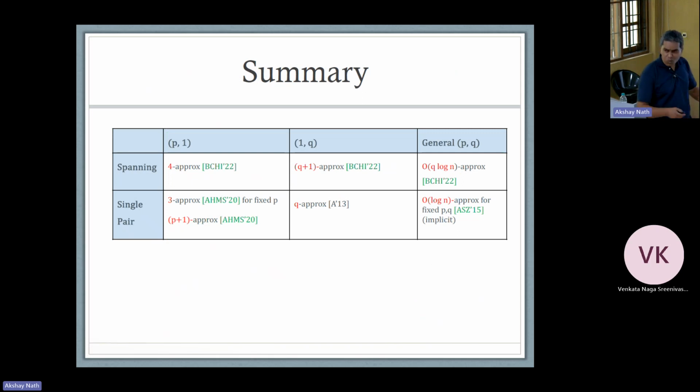Roughly, this is what we knew: the problem was only understood when one of these parameters was 1. I can't go into all the details because it's a lot of background. If you wanted both P and Q, it was only possible to get some logarithmic approximation.